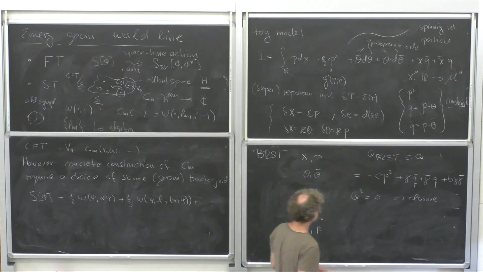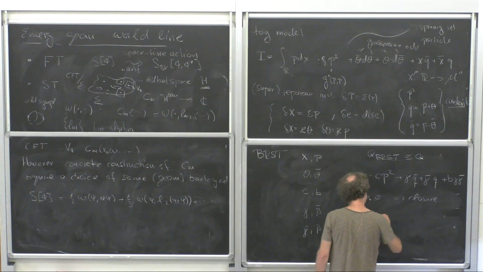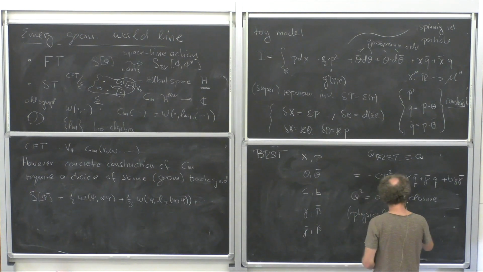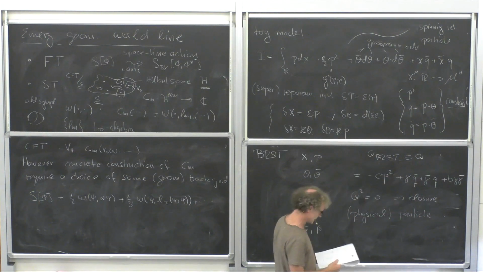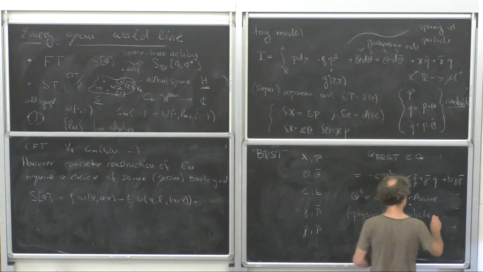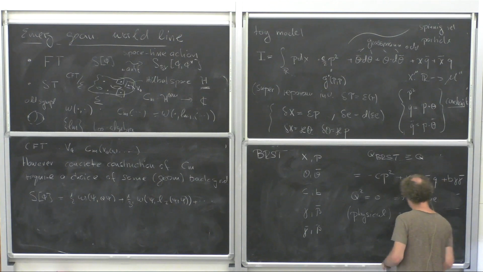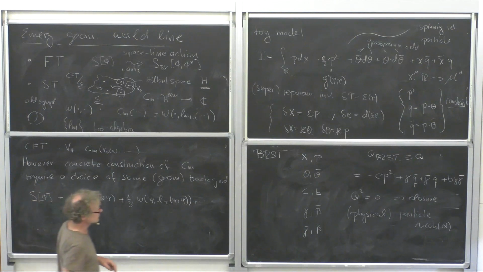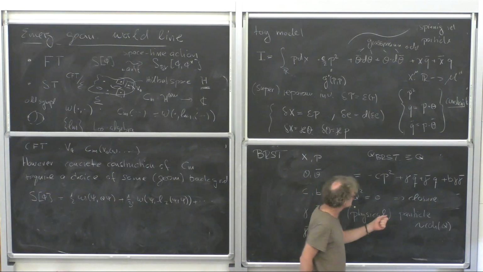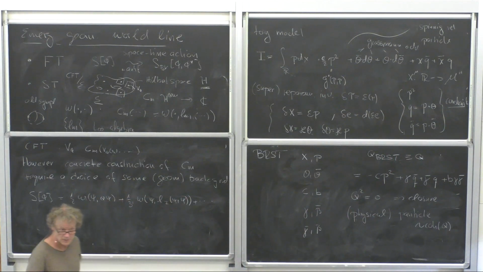But it also means that the physical particle that is described by this worldline is described by the cohomology of Q. So if Q squares to 0, I have a cohomological problem, and therefore in the cohomology of Q are the physical states that are propagated by this worldline. So that is the usual content of BRST quantization.